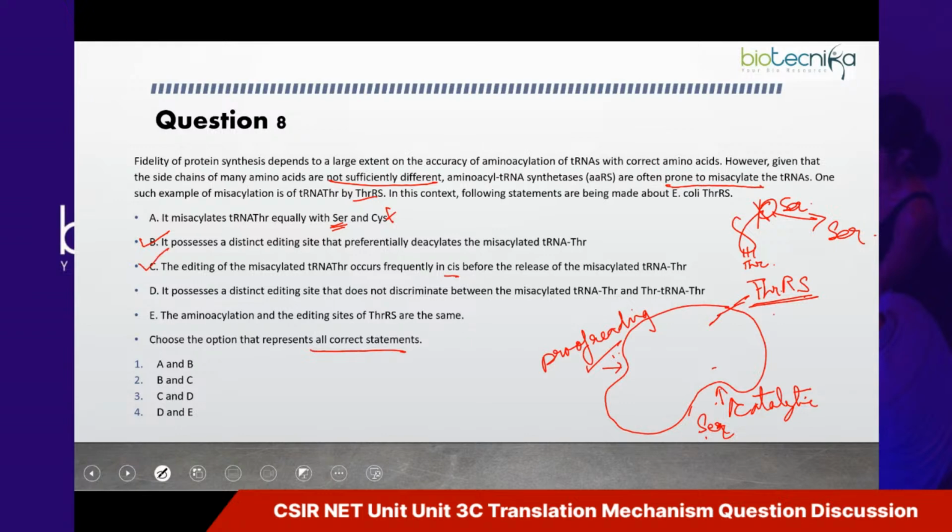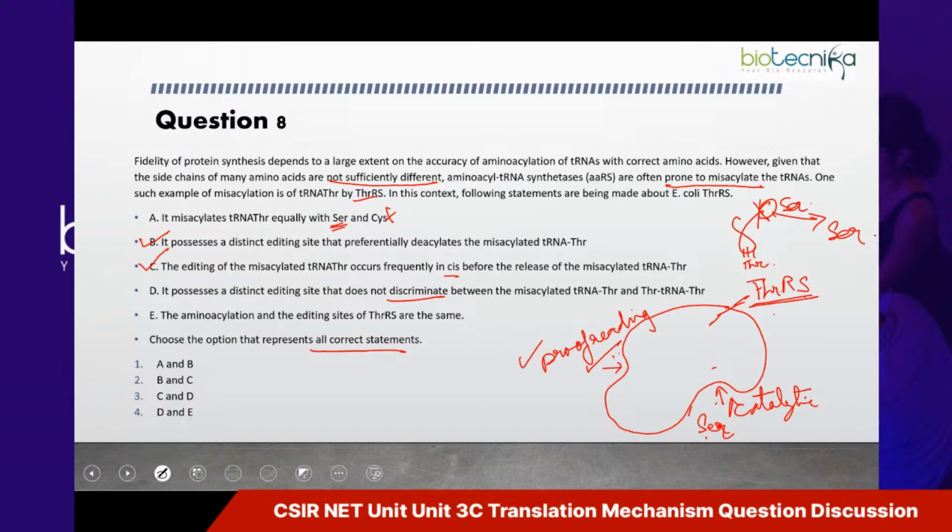D says that it possesses a distinct editing site that does not discriminate between misacylated tRNA threonine and threonyl tRNA threonine. That is wrong. It discriminates because there is proofreading. Not all aminoacyl tRNA synthetases have this proofreading ability. It is present only in those aminoacyl tRNA synthetases where, in the cell, there are amino acids with similar side chains.